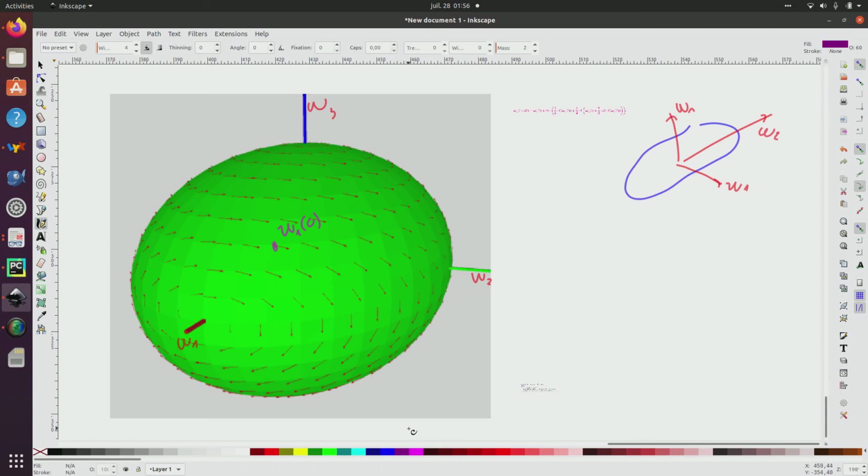It means when this body is rotating, this vector omega is a point in this ellipsoid. So this ellipsoid is not the body itself, it is the set of all rotation vectors such that the kinetic energy of my body is equal to 10.